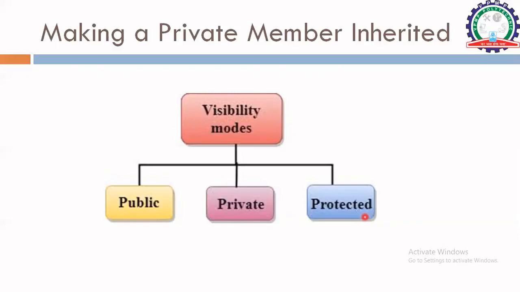This particular visibility mode is used while we are dealing with inheritance in classes. That means if we want our data to be protected, to be secured, and also we want to derive them in our new class, at that time those kinds of members are declared in a protected section of a class.